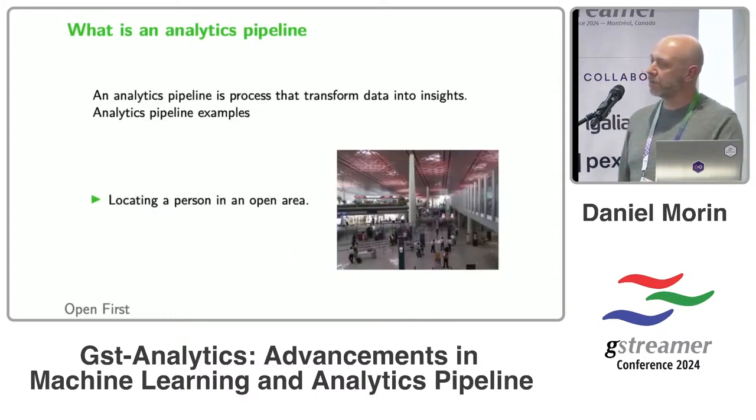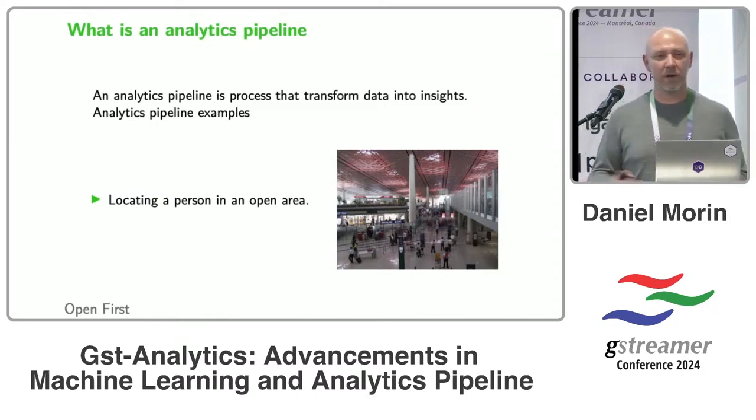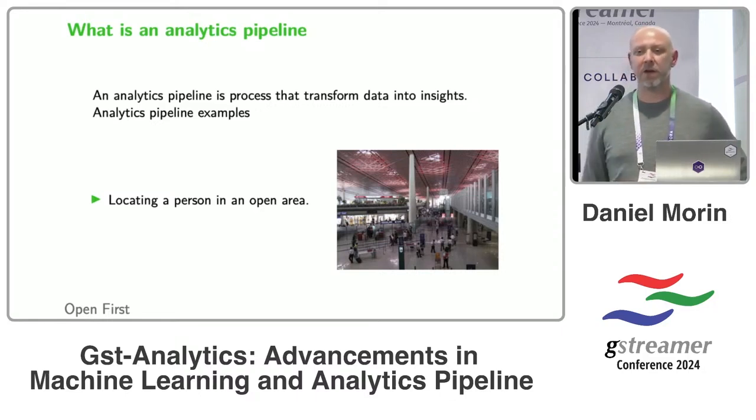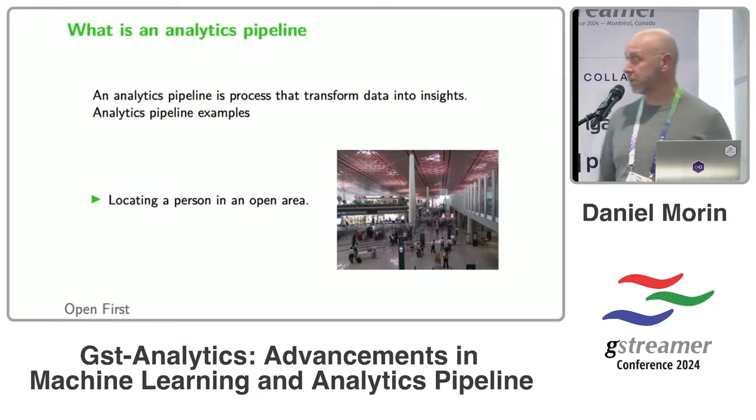Another example could be a very large area, for example an airport, where you want to locate a person. So you have multiple devices deployed all over the area, and all of those need to be producing analytics. They need to be centralized, and also in some cases have some human interaction that is part of the process.